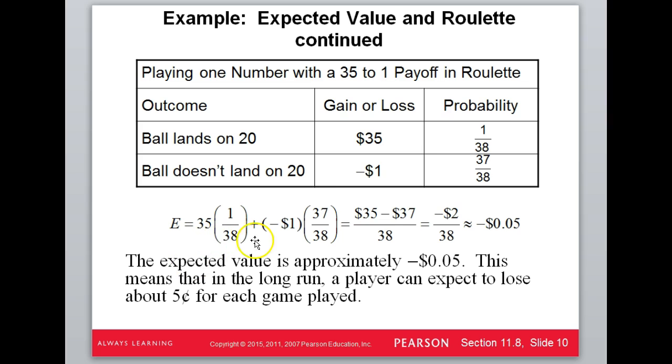So when we multiply them together, this is a positive, this is a negative. We end up subtracting more than we had, and we end up with a negative amount. Negative 2 over 38, which as a decimal ends up being about negative 0.05, about a nickel. So that means we can expect to lose about a nickel every time we play this game.